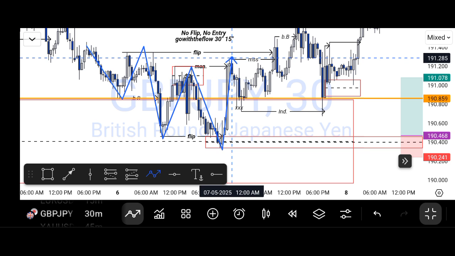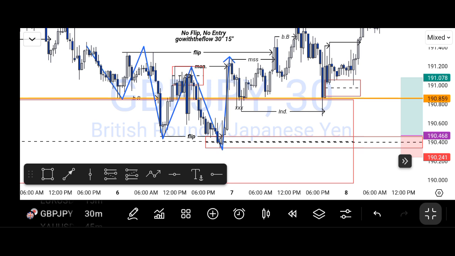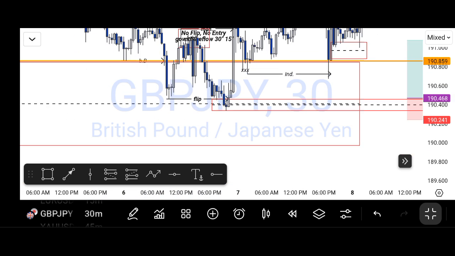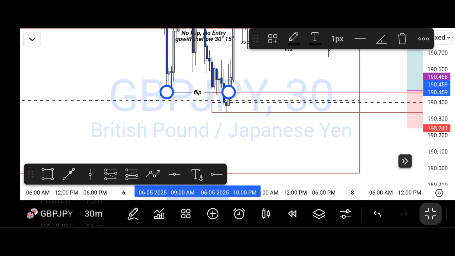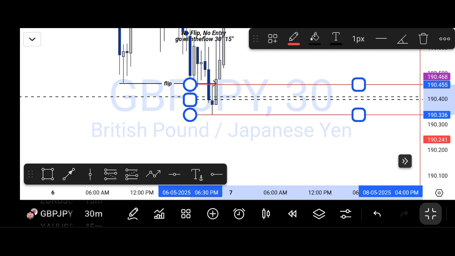At that point where you see that manipulation on the lower time frame, 30 minutes or 15 minutes, now you come to your level, this point here, and start looking for a bearish engulfing candle.